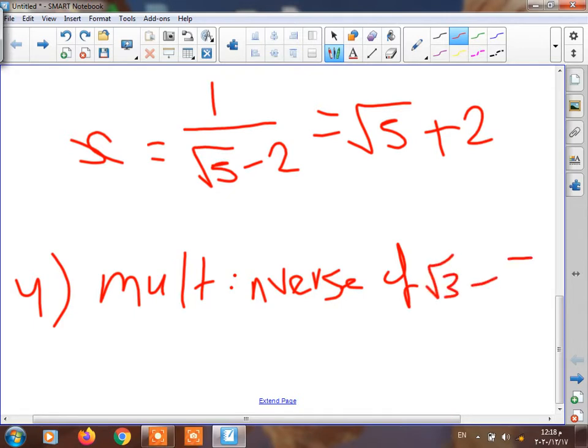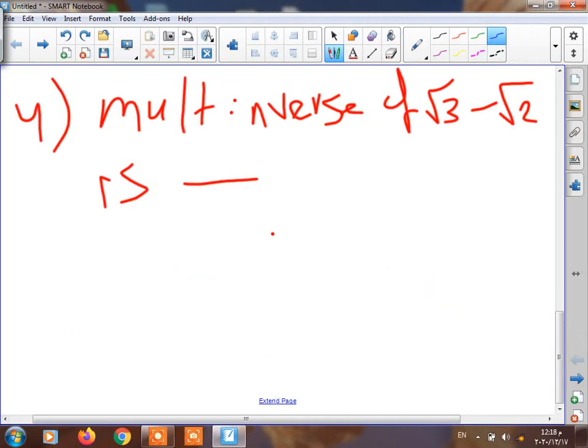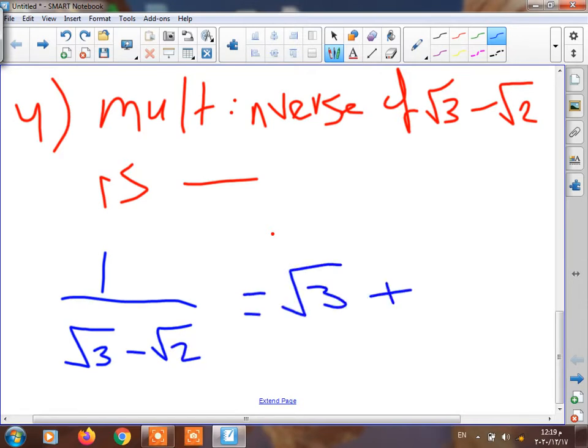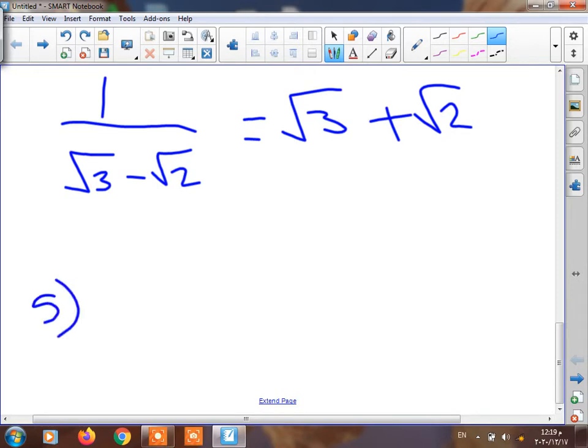We said that before, to find the multiplicative inverse, you must make 1 over root 3 minus root 2, and here use your calculator to find the result, which will be equal root 3 plus root 2. Okay, after that, he needs the conjugate number of root 5 plus 2 over root 2.